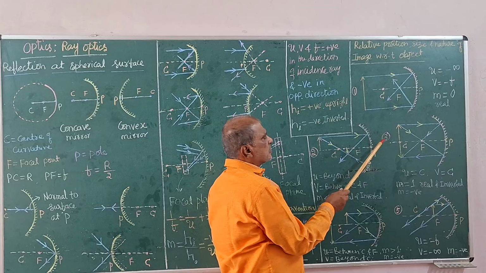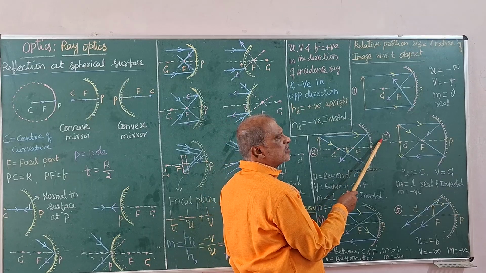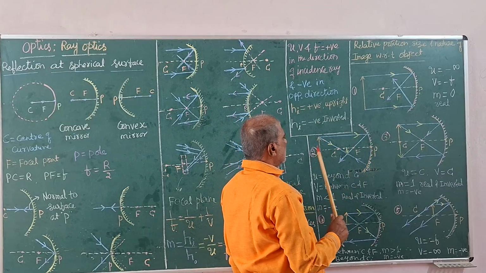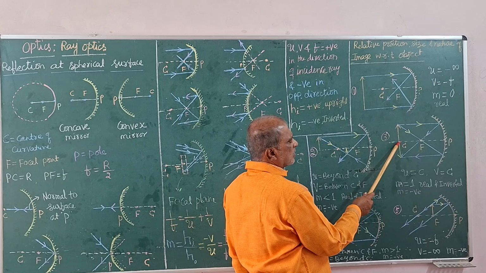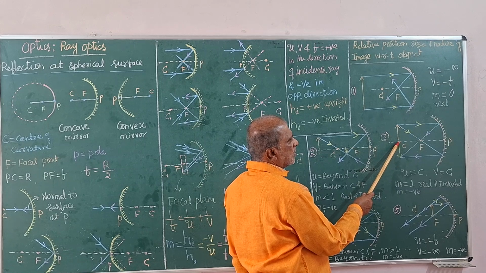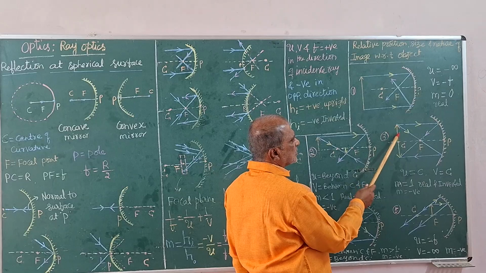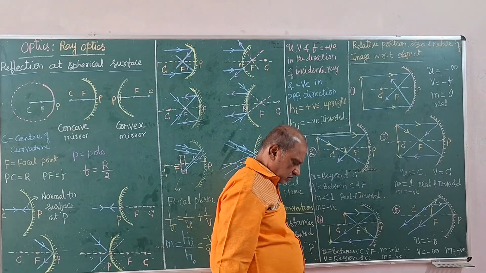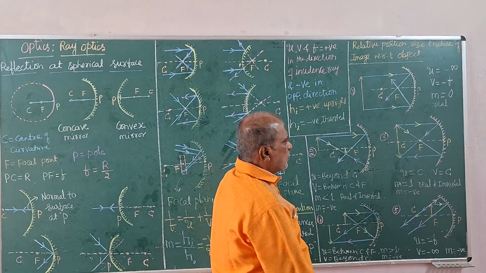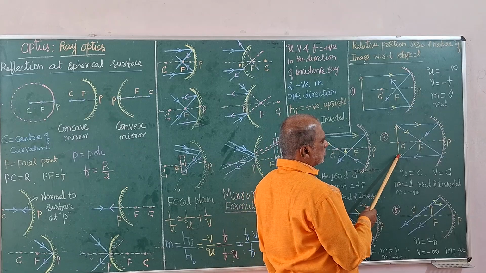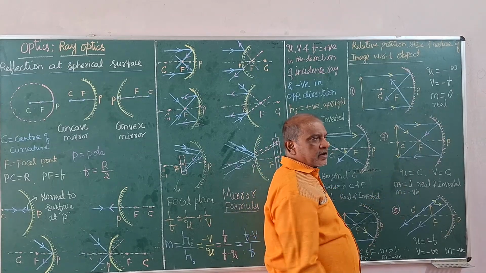And the third case, let us take the position of the object at the point C. I am taking the object at point C, perpendicular to the principal axis, on the principal axis. Find the position of the image. Apply the same technique.